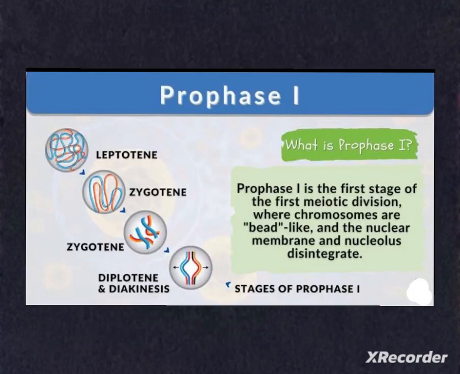Now, the diakinesis shows the termination of chiasmata and assembly of the meiotic spindle to separate the homologous chromosomes. Next, the nucleolus disappears and the nuclear membrane breaks down. These were the changes that occur in the first stage, that is prophase 1.